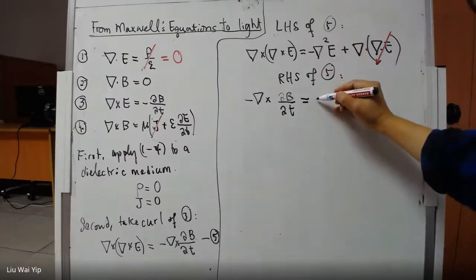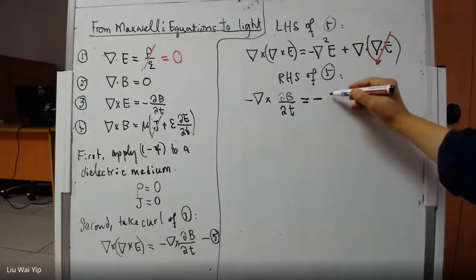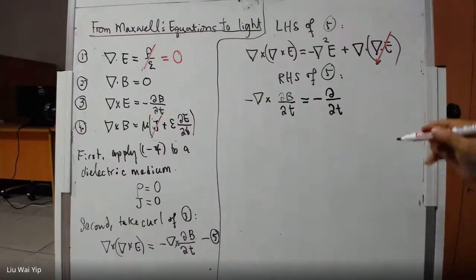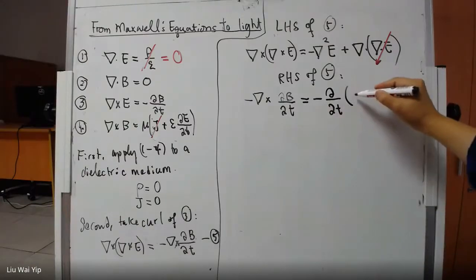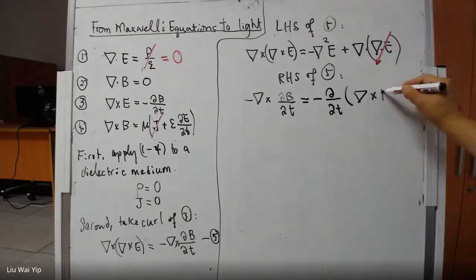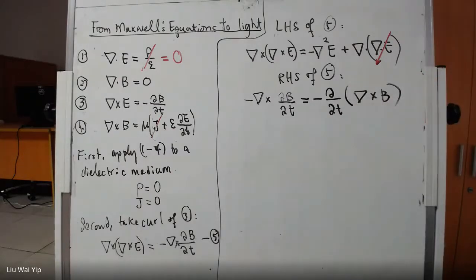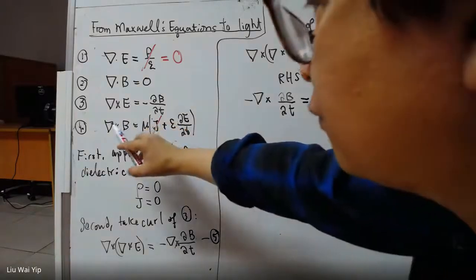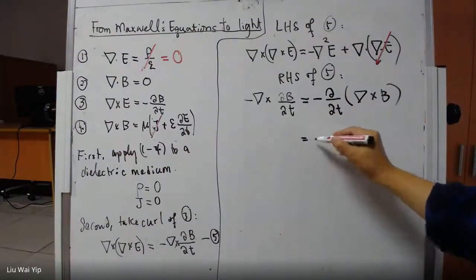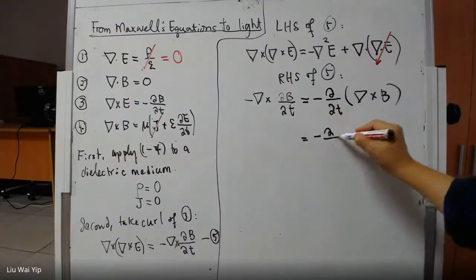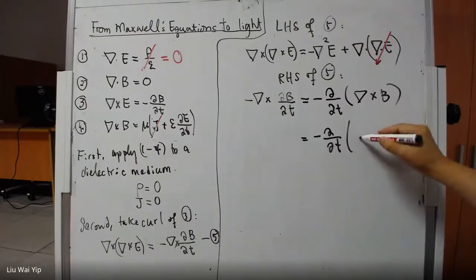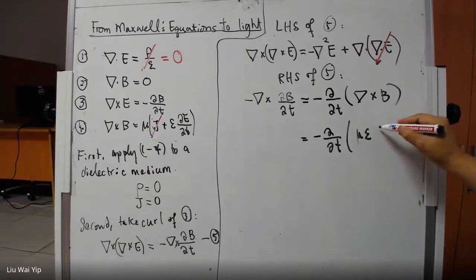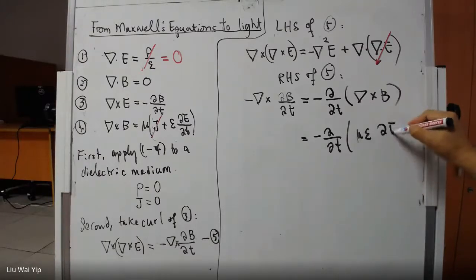So in this case, what we will end up with is the time derivative of the curl of B. But hang on a minute. The curl of B, according to equation 4, is given by mu epsilon times the time derivative of the electric field.